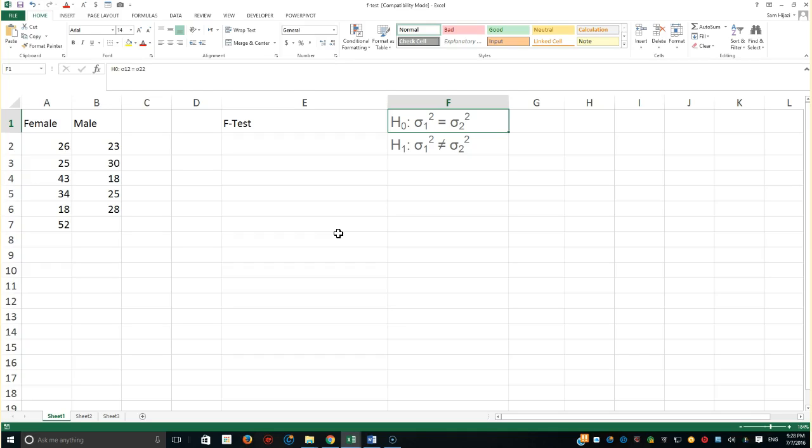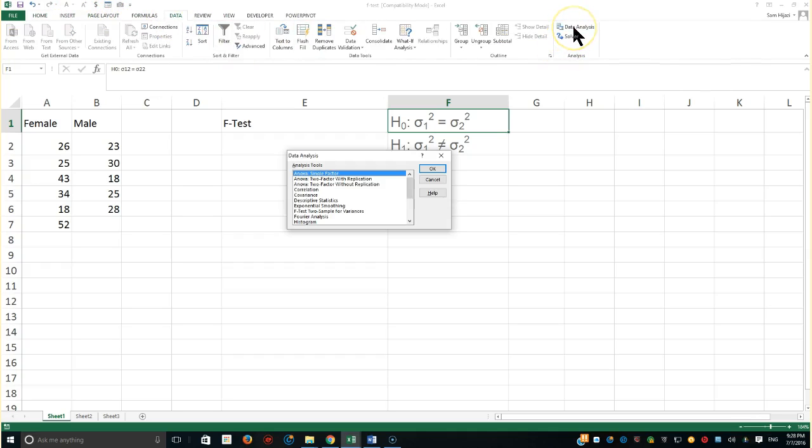As we saw earlier, it's easy to do through Data Analysis under the Data ribbon, which I added through the add-ins under the options. I'm going to look for the F-test two-sample for variances and click on it.